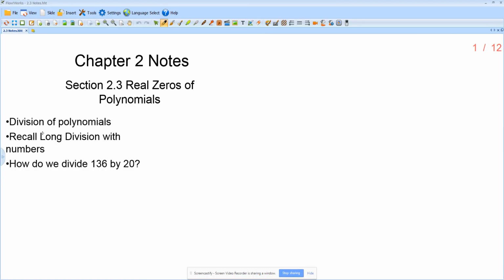So division of polynomials. Recall long division with numbers. So if we were talking about how do we divide 136 by 20, well, we'd write 20 and 136. Then the process that you follow is you say, how many times does 20 go into 1, which is 0? How many times does 20 go into 13, which is 0?